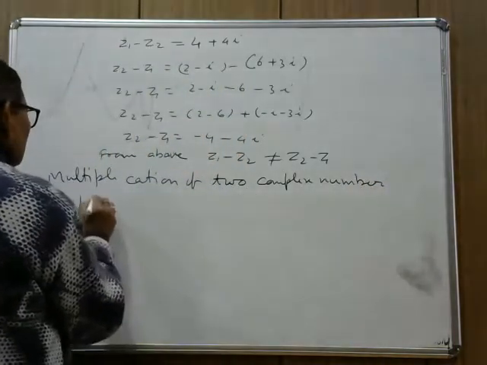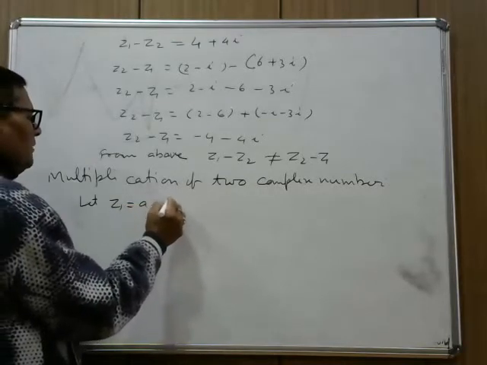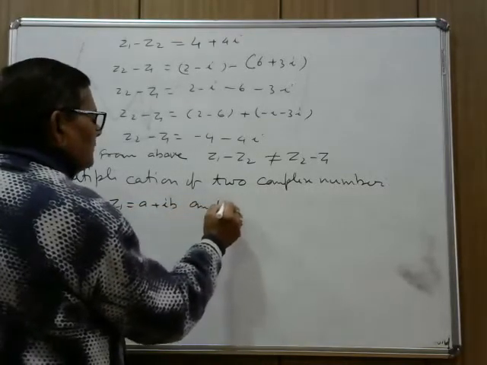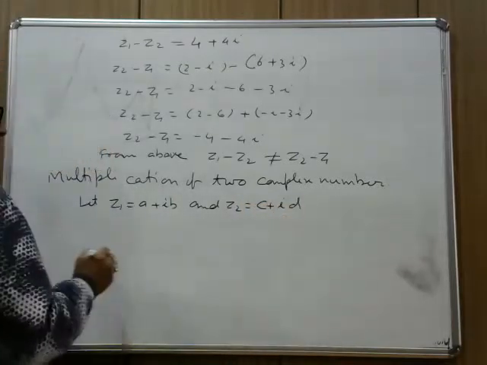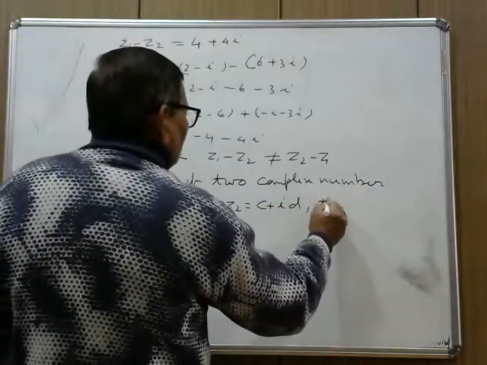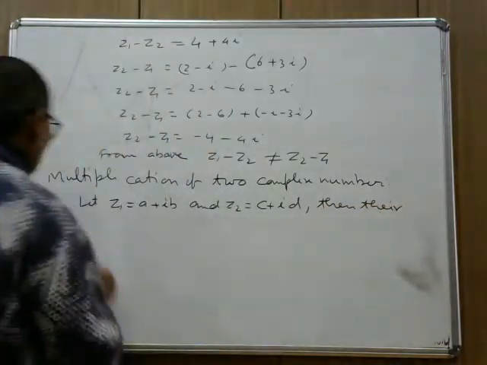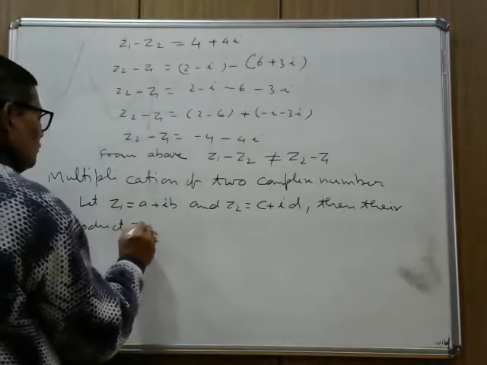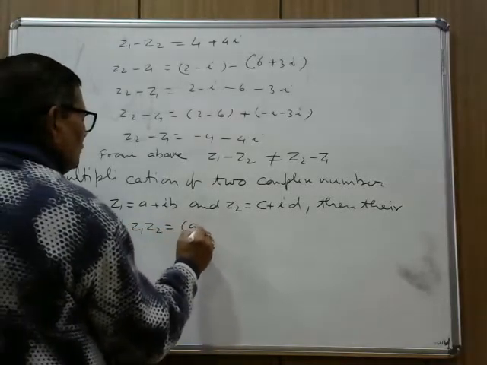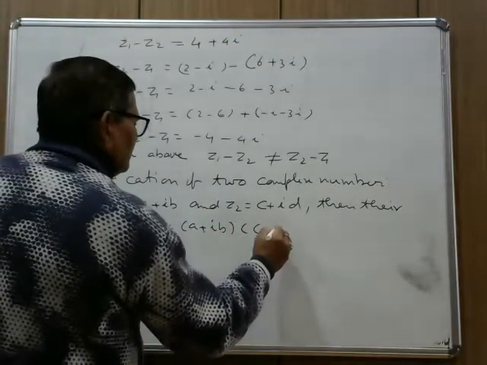Let Z1 equal to a plus ib and Z2 equal to c plus id. Then their product Z1 into Z2 equal to a plus ib multiplied by c plus id.